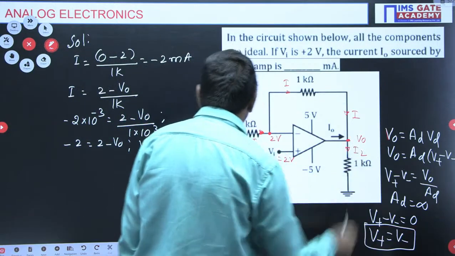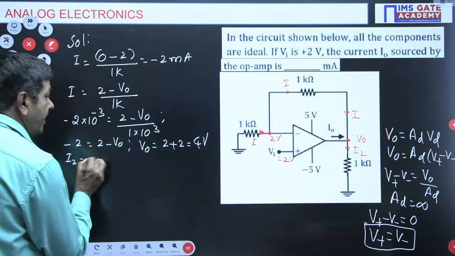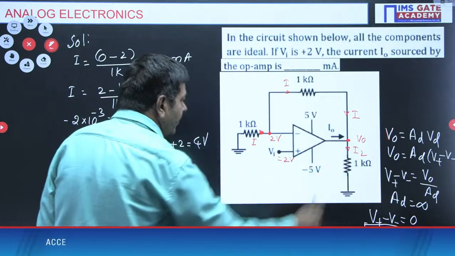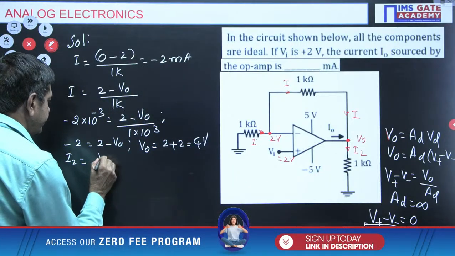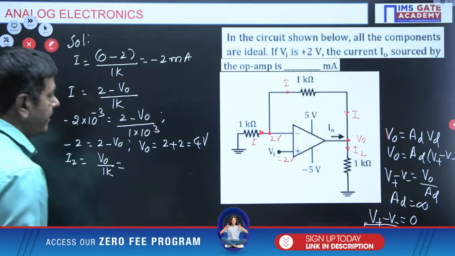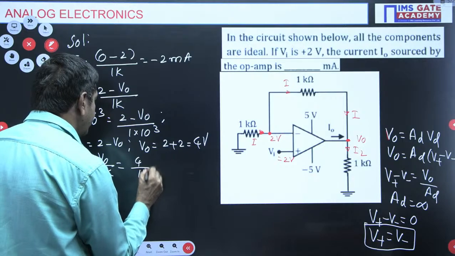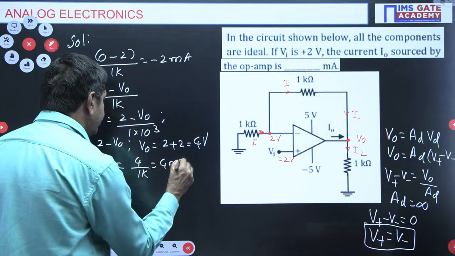To find the I2 value. I2 equals V0 by 1K. V0 is 4 volts, so with 1K this can be taken as 4 milliamperes.